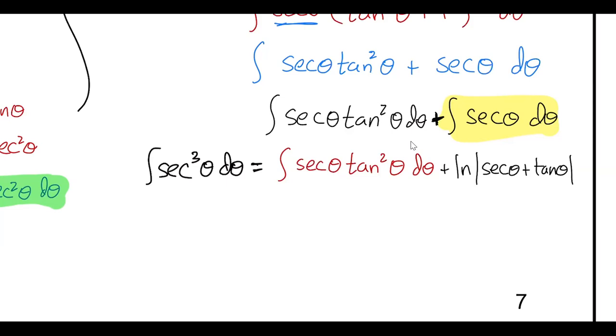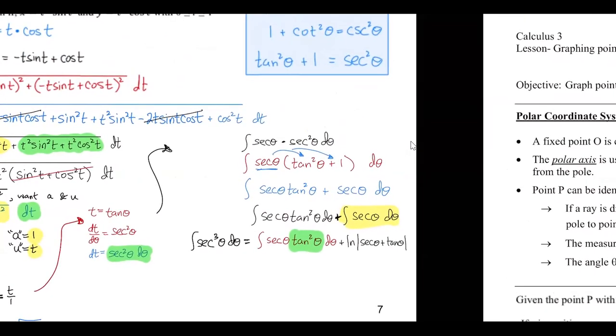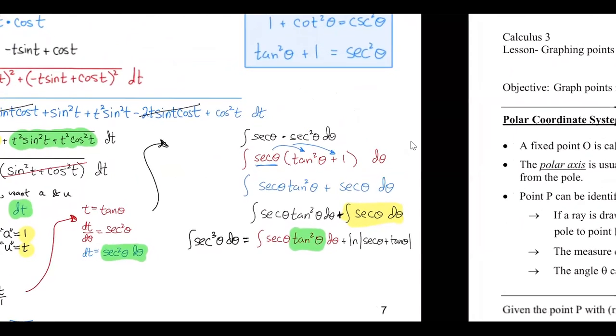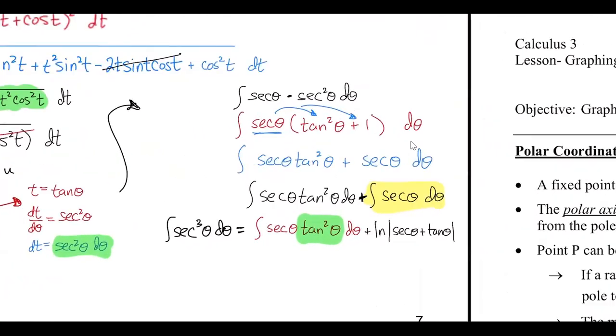All right. Another thing to consider is maybe this is the time to kick it over into sines and cosines and see where that gets you. So that's another avenue that you can take. But another thing that you can do is just go back to where we all started and say, all right, well, we know based off of our identity relationships that tangent squared plus 1 is equal to secant squared. That means that tangent squared is equal to secant squared minus 1.